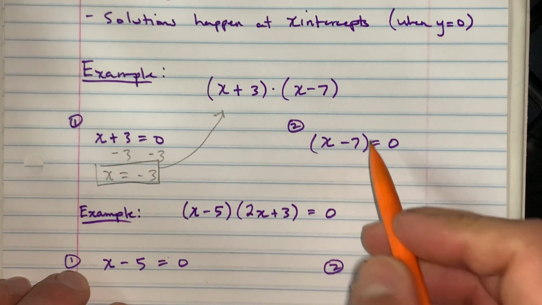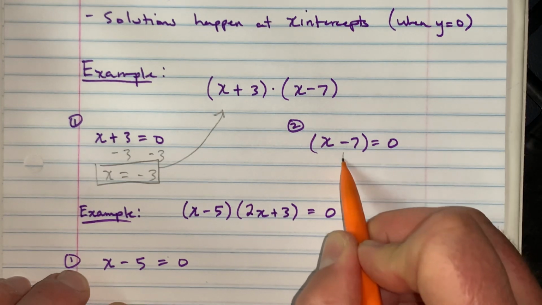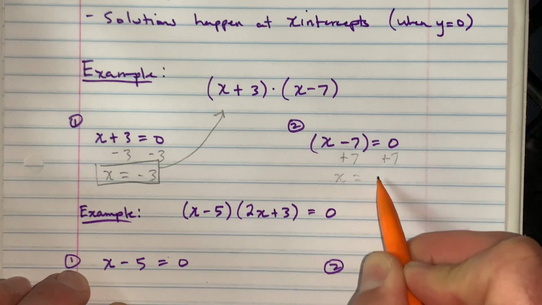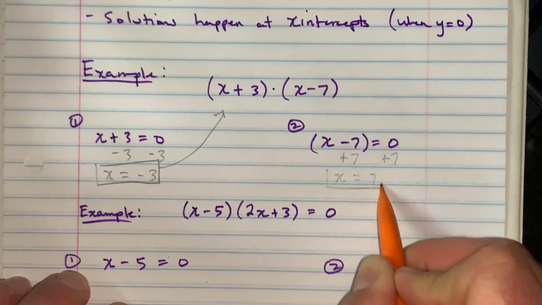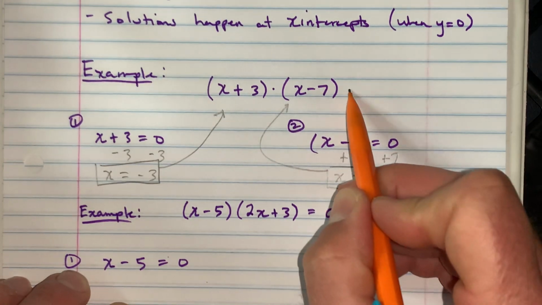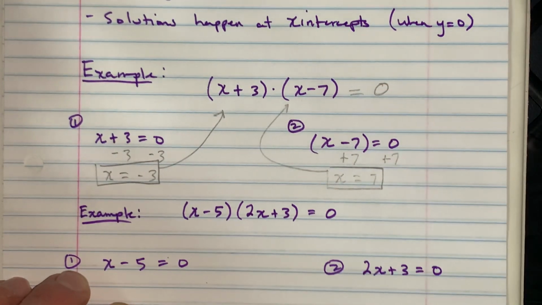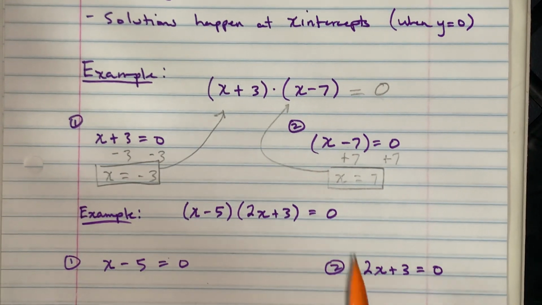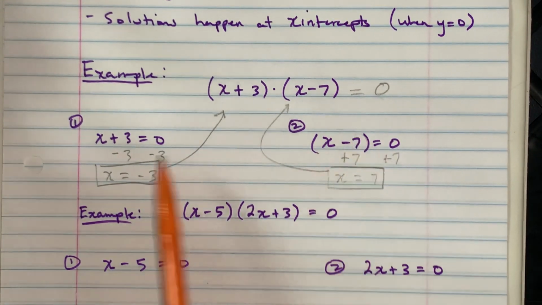And then for this one, we would add 7, and our other solution would be +7, which is what we wanted. So essentially what we're doing is setting this equation equal to 0. The zero product property says that as long as I can turn this into 0 or turn this into 0, the entire output would be 0.